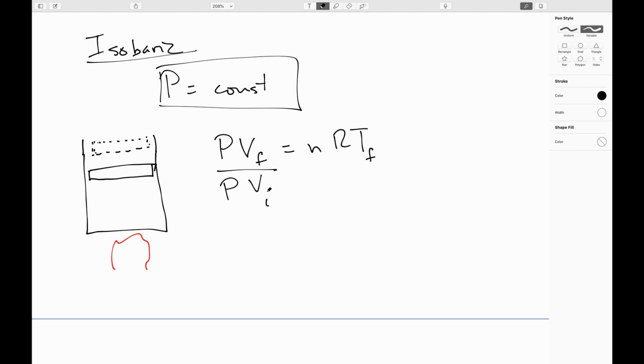And then divide it by the same thing, but for the initial scenario. So again, we can go ahead and cancel out common factors. And we are left with V final over V initial equals T final over T initial. This is Charles' law.